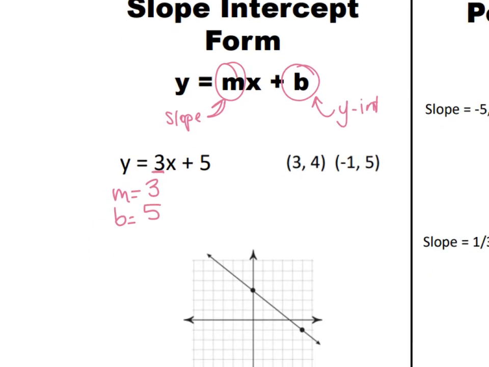If you're given a slope of this, and if you're told your intercept is 0, 6, remember that the intercept is just your y value. So if you're writing an equation, y equals, plug in your slope, 2x plus 6. Remember, we do not put the whole point, you just put the y value for your y-intercept.